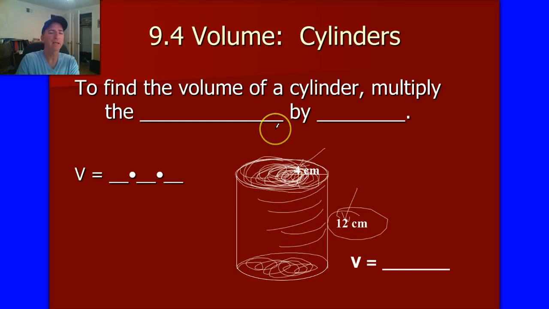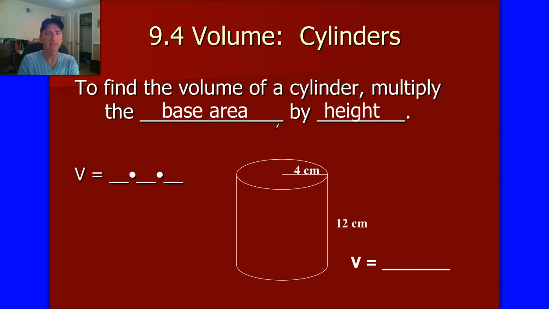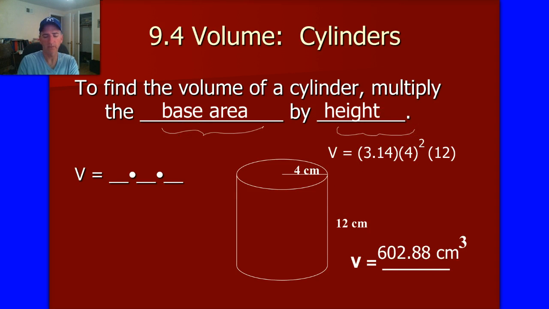So if you can find the area of one of the circles, you just multiply it by the height, because it would stack up. Basically, the volume of the cylinder is the base area times the height. The base area of a circle is pi r squared, times height.